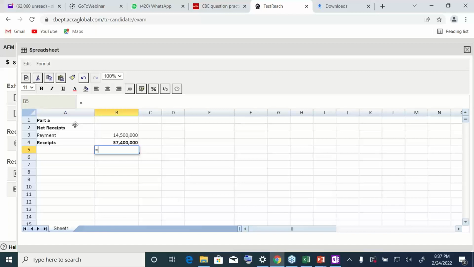So net receipt is 37.4 million minus 14.5 million, which is 22.9 million dollar receipts.